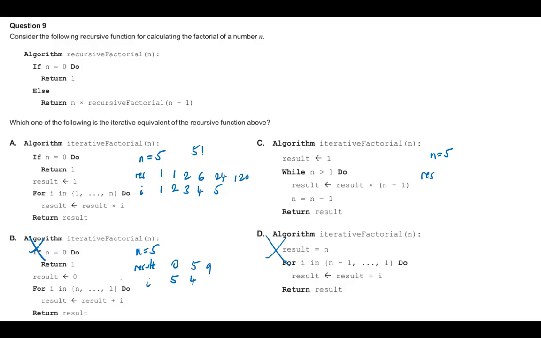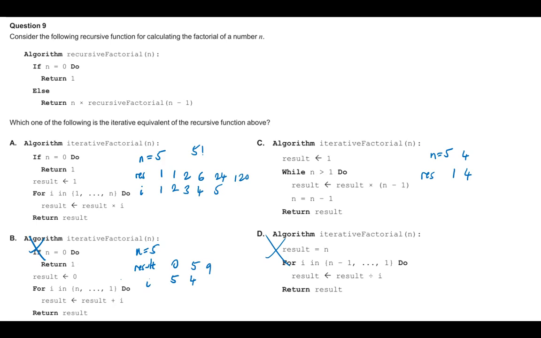So, let's say n equals 5. The result is set to 1, and while n is greater than, we've got to be careful on the conditions here. So while n is greater than 1, we do result equals result times n minus 1, which is 4, and then we decrement n, so n is 4. Is n greater than 1?